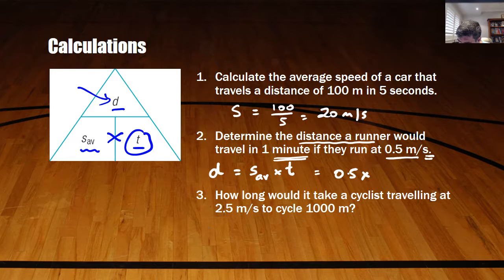So this is going to be 60 seconds because 1 minute equals 60 seconds. Because we're multiplying these two together, we have a total of 30 meters. Make sure that your units match the quantity that you're looking at.